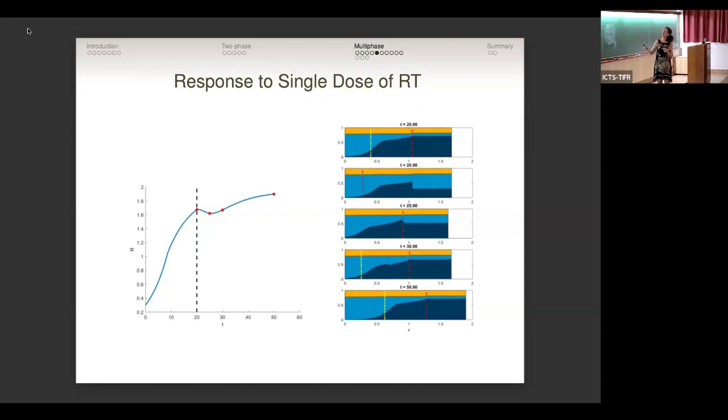This is the composition just prior to radiotherapy. The yellow line is the fluid, and you can see that it doesn't change terribly much. The light blue is our dead material, and the dark blue is live cells.